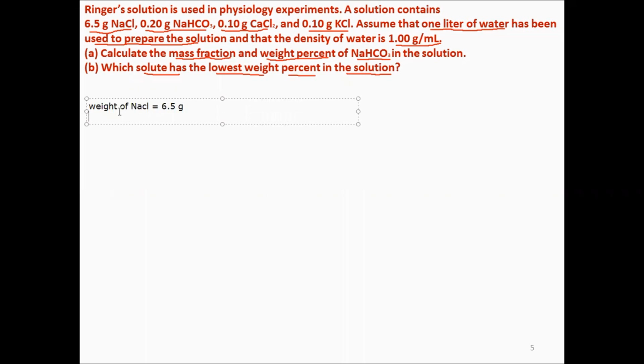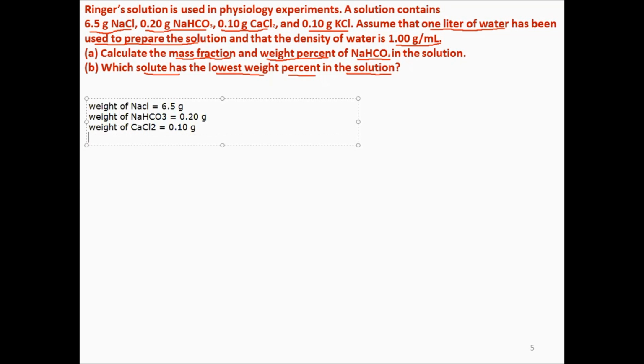Second is the weight of NaHCO3, sodium bicarbonate, equal to 0.20 gram. Next is the weight of calcium chloride, equal to 0.10 gram.